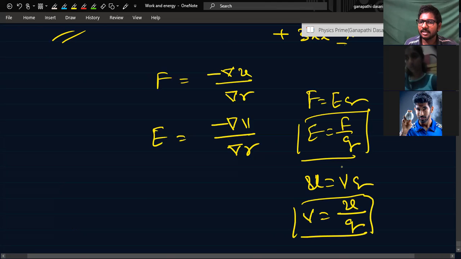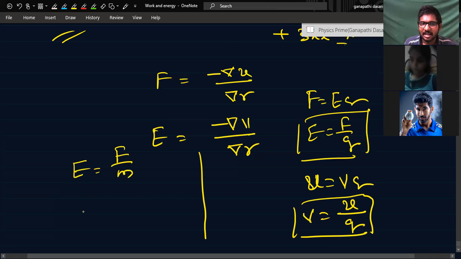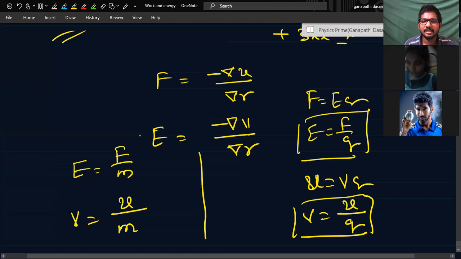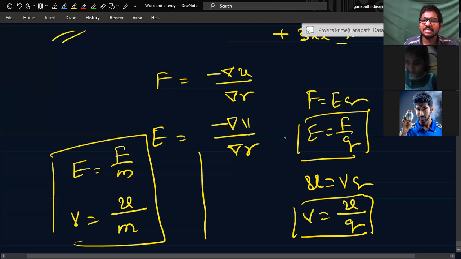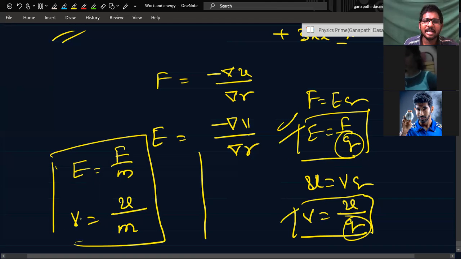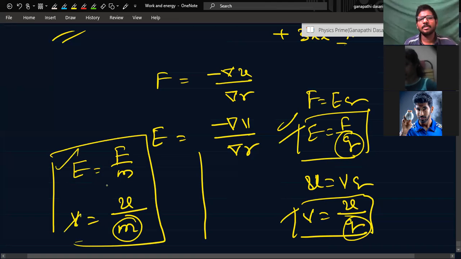Similarly, you need to remember these formulas. Gravitational field E is equal to force per unit mass. Gravitational potential is equal to potential energy per unit mass. In electric field, electric potential per unit charge is there. In gravitational field and gravitational potential, per unit mass will be there.